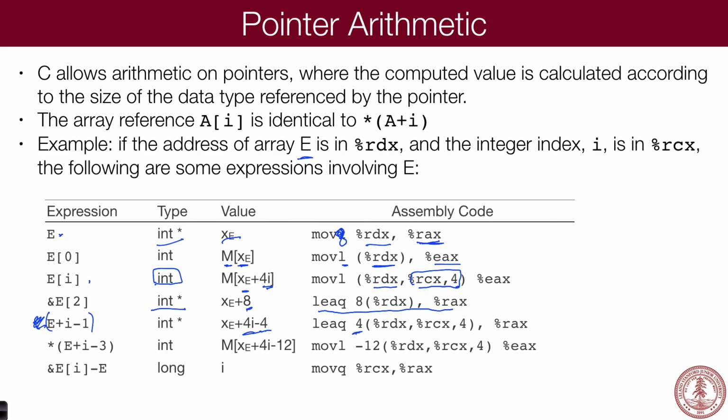In this one we've got RDX plus 4 times RCX plus another 4. So I believe that should be a minus. Yeah, sorry, I did see it right the first time. That should be a minus. I'll fix these and put them back up online. Sorry about the weirdness.